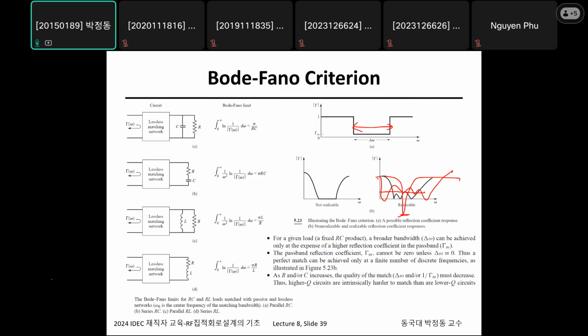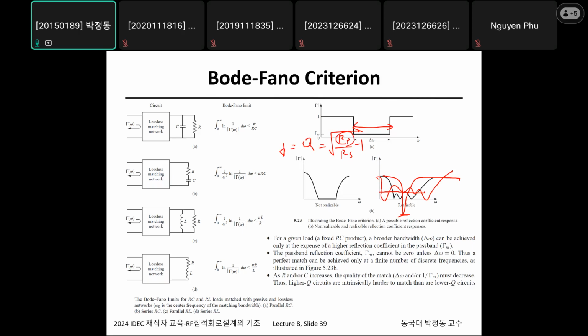It's because of the quality factor Q, right? Q is just a ratio of this, right? How can you achieve a very low Q with a large ratio?